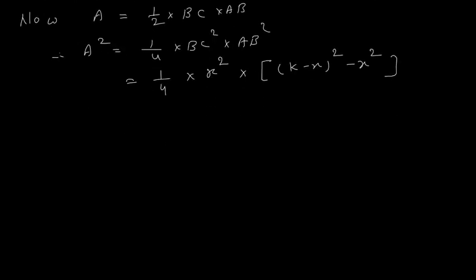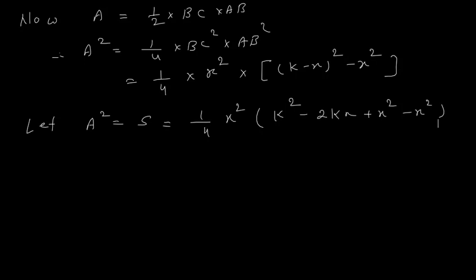So let area square is equals to S, which is 1 upon 4 x square into k minus x the whole square. It is better that I expand this term here. So I will get k square minus 2kx plus x square minus x square.